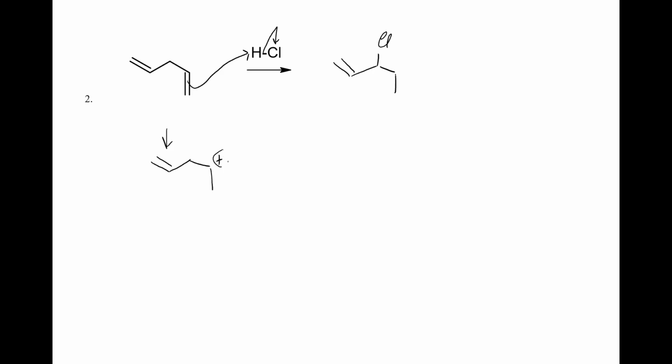So there's my carbocation. And I'm imagining, well, how can I get to that product? It should be pretty clear to you that once again we're talking about a hydride shift. So the hydride shift would look something like this. And so now, of course, we end up with a carbocation just next door.